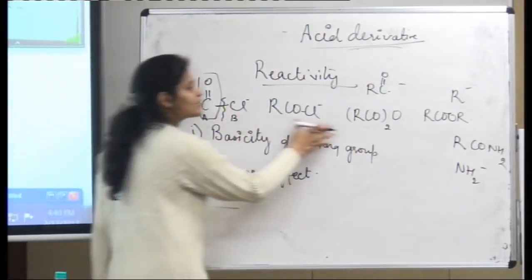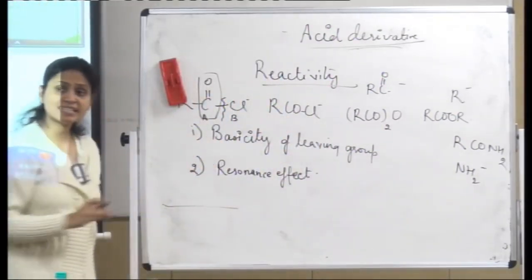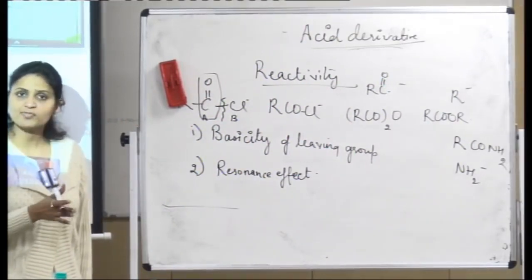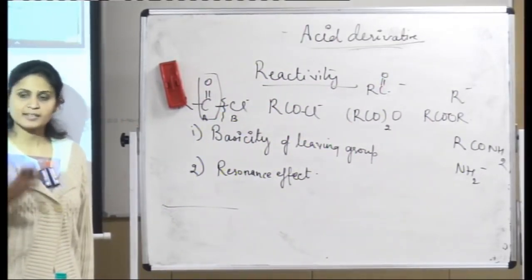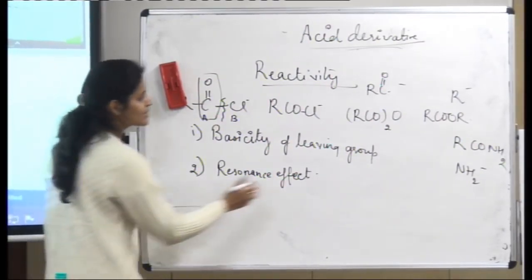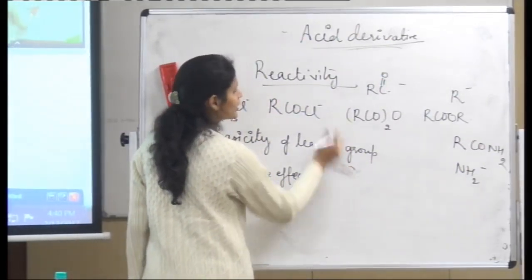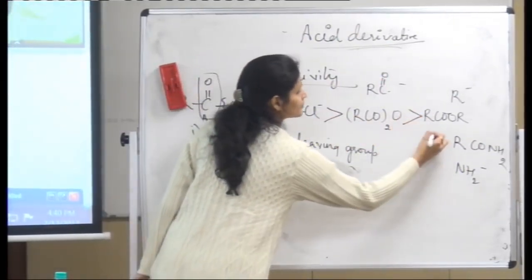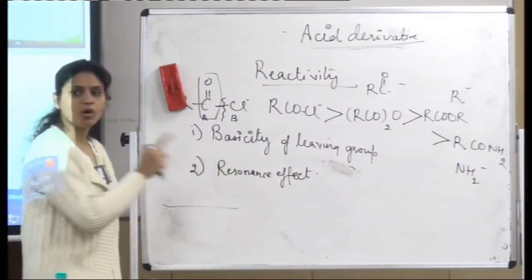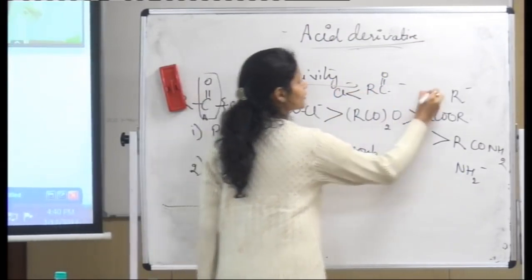Out of all these acid derivatives, Cl minus is least basic, and hence it will cleave the bond easily, and the more easily the bond is cleaved, the more reactive it is, and hence the reactivity will follow this order only, because the basicity of the leaving group follows this order.